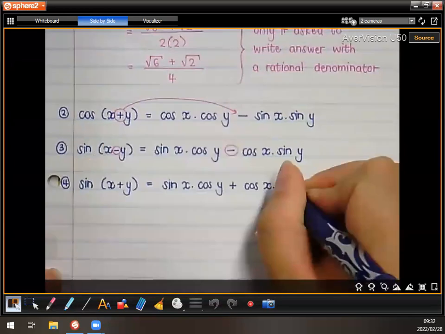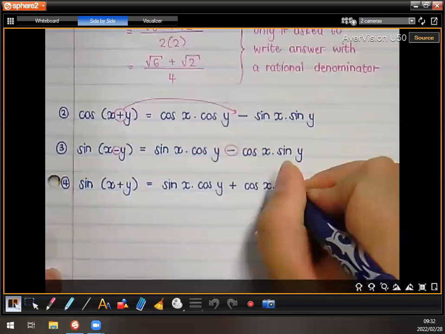Okay, so here we have the same sign. So what I'm going to do now is circle these two signs because they are the same. For the sine compound angle identity, for the minus in the brackets, there is going to be a minus in the expansion. But also you mix the sine and cos together. All right, so it's sine cos and then cos sine.